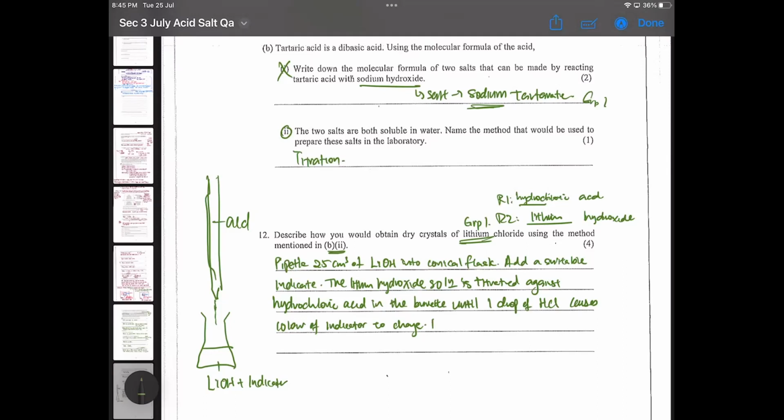And then we will say repeat to obtain a consistent volume of acid needed. And then finally, we will need to repeat the experiment.